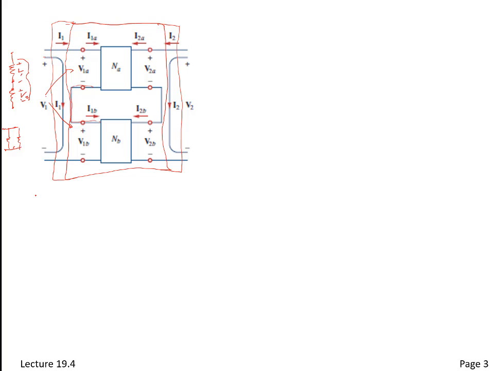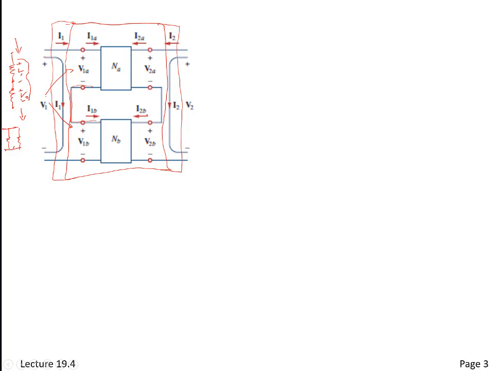Where I've got input current and output current, and the voltages sum. So here's the sum of the voltages and the sum of the currents. To think of that as series is kind of weird, because you've got input voltages summing and output voltages summing.